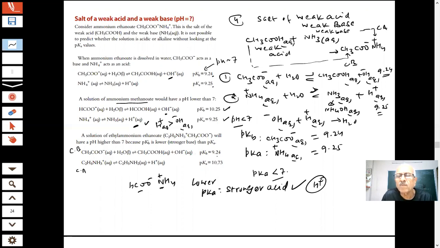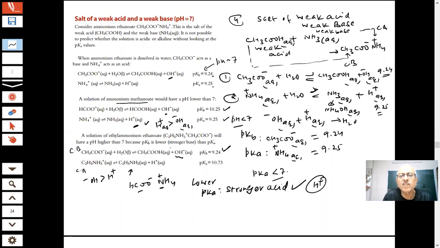Which is stronger? This one will be more or this one will be more? Because this value is less, this is stronger. Lower the pK, stronger. There will be more of this. The base will be stronger, so OH minus is more than H plus in this case.